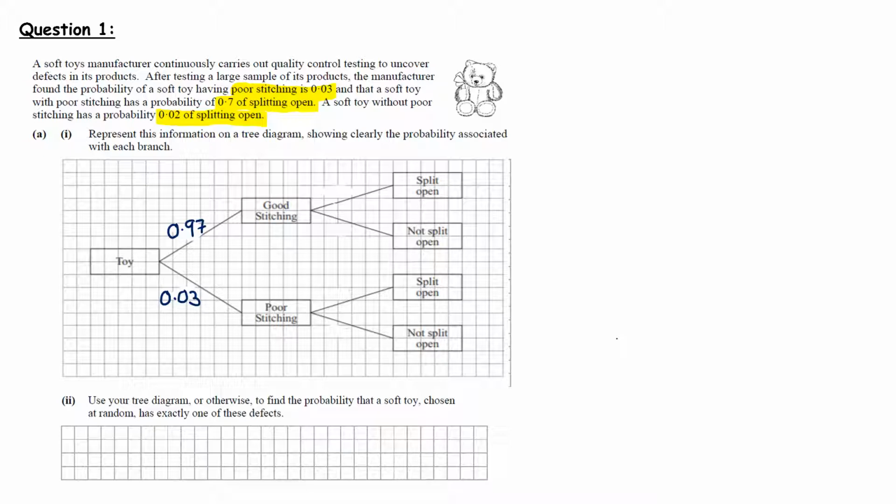The next thing that they told us was that a soft toy with poor stitching, so I'm now here, has a probability of 0.7 of splitting open. So we have our 0.7 here. And a soft toy without poor stitching, so that one's here, has a probability of 0.02 of splitting open.